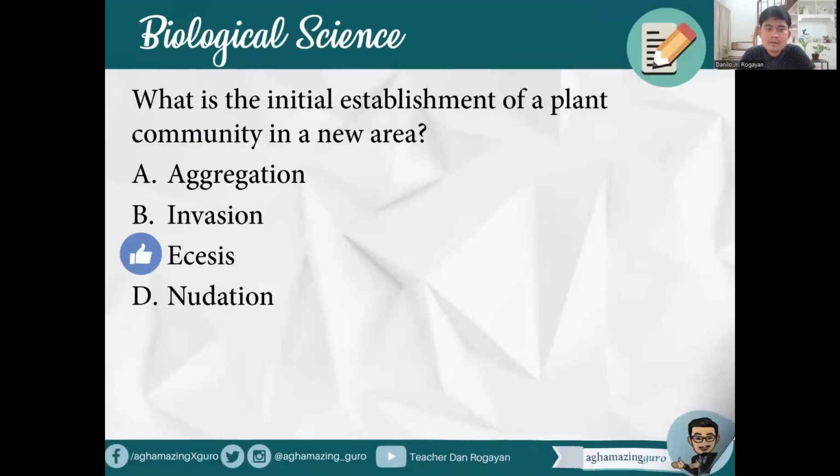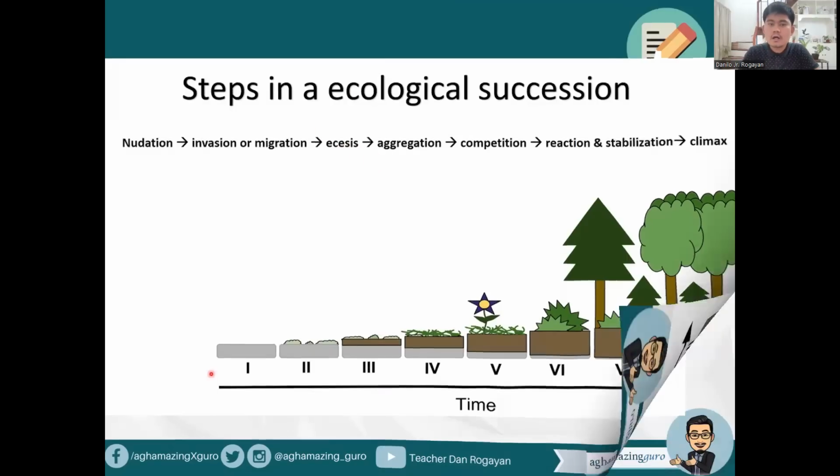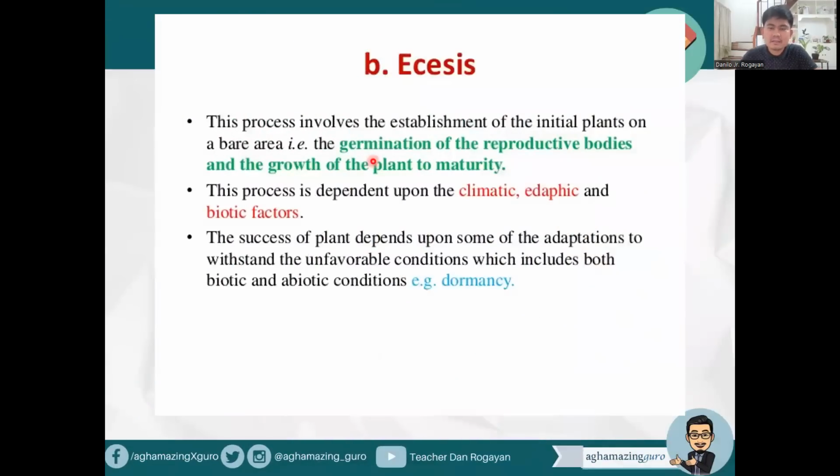So ano ba yung tanong? Establishment of a plant community. So basically, meron na tayo sa excesses. Usually kasi dito, mga rocks pa lang, we call it the bare land. But for the excesses, nagsisimula na yung initial plant.